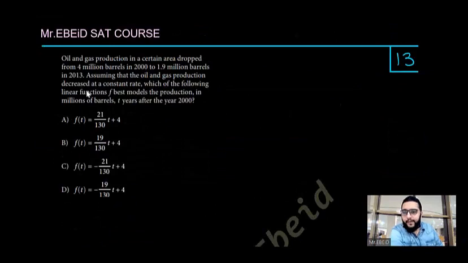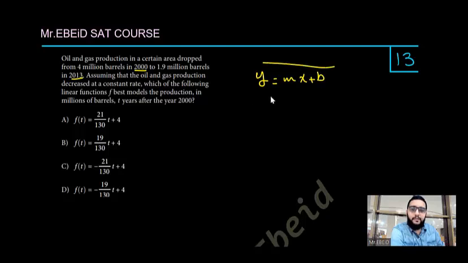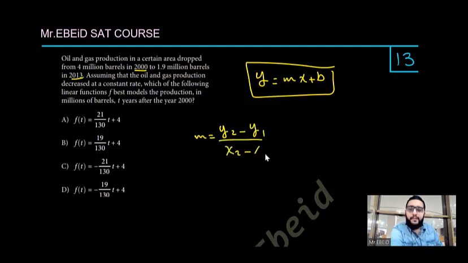Question 13. We have a situation for millions, 2000, 1.9 million, and 2013, and we want to describe the situation using a linear function. As you know the linear function is y equals mx plus b. This is the form for the linear function. First you have to find m, which is the slope, y2 minus y1 over x2 minus x1.